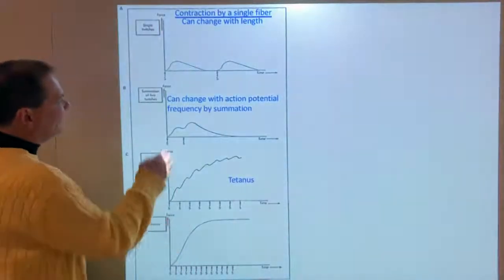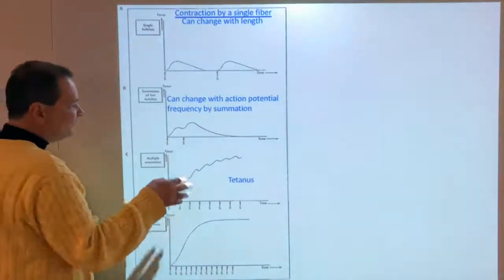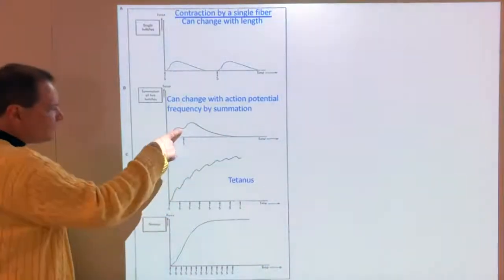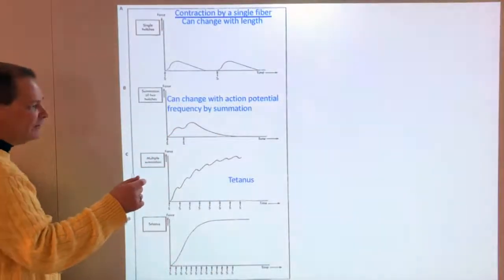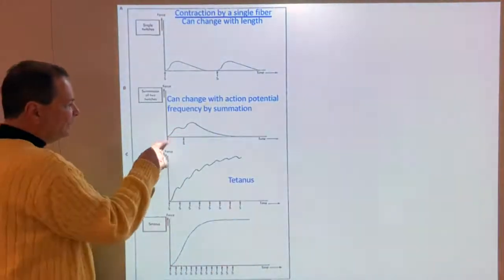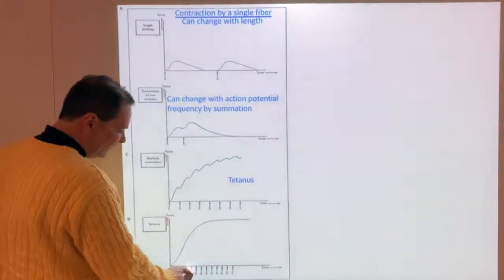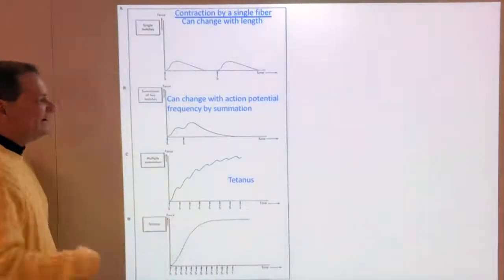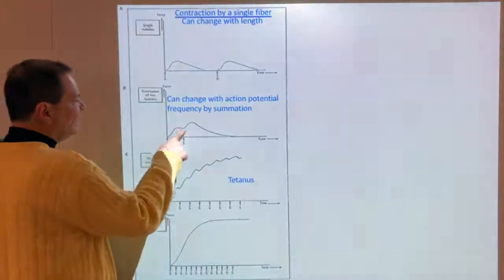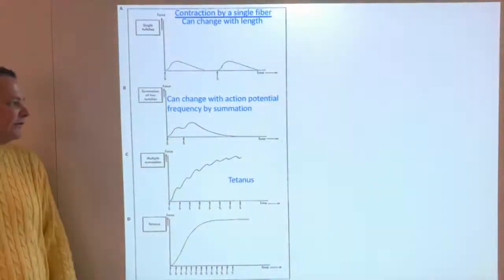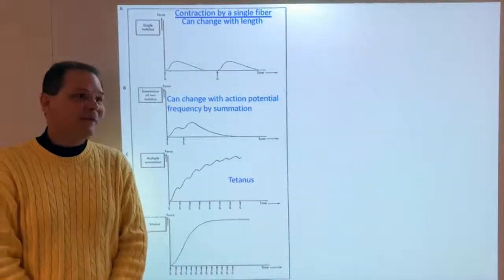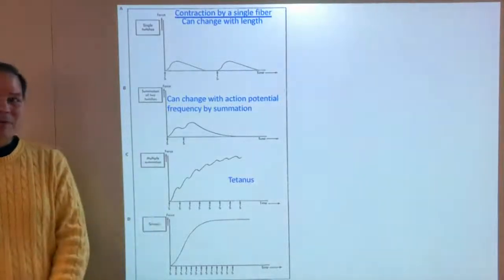And you can't re-stimulate it until it gets almost all the way down to rest. So in this case, because the action potential is so much shorter in skeletal muscle, you can repeatedly stimulate this really quickly over and over again and never allow it to relax. You can't do that in cardiac muscle. Cardiac muscle always relaxes to a certain extent before you can re-stimulate it because it remains refractory for too long.